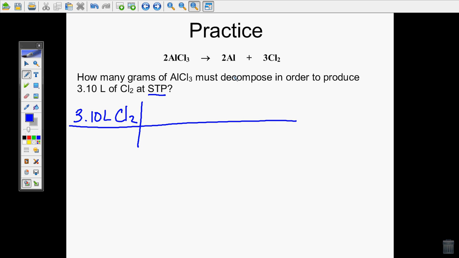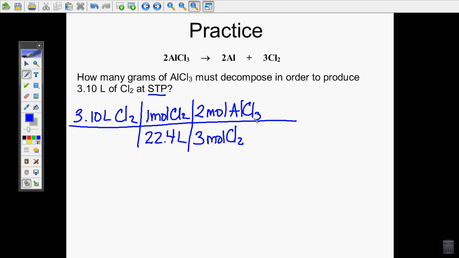So I want to use my mole ratio to change substances, so I got to get this out of liters. So 1 mole of chlorine gas is going to be 22.4 liters at STP. And then now I'm going to do my mole ratio, 3 moles of chlorine gas to every 2 moles aluminum chloride.